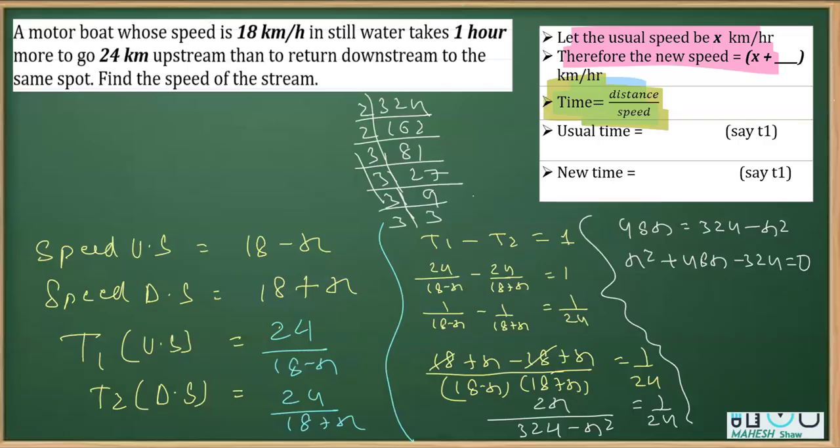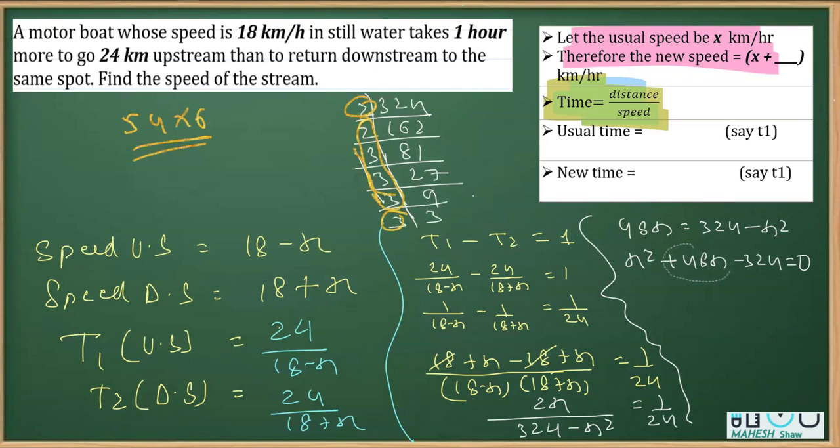Clubbing these together, this is 27 into 2, that is 54, and then 2 into 3, that is 6. Their difference is 48. So that's what I'm going to do.